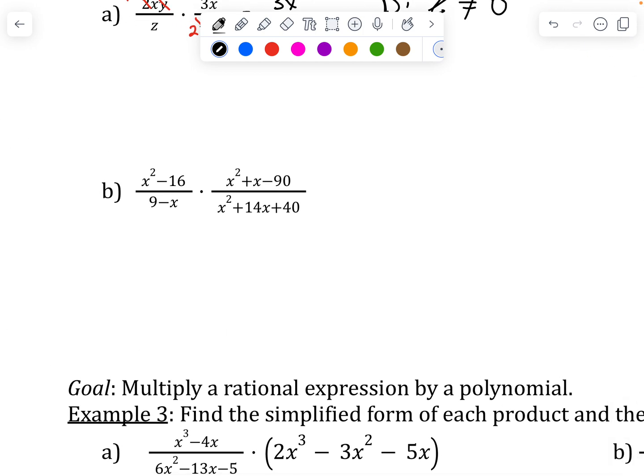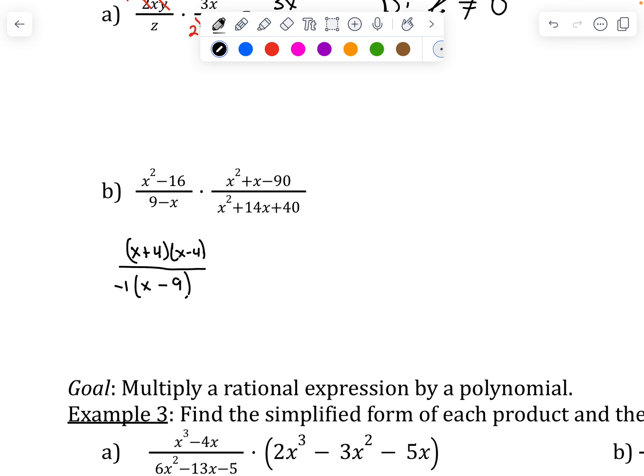All right, part B, once again, have to factor. One of those deals, okay? So in the numerator for my first, on my left expression, I have x plus 4, x minus 4. On that bottom part, I'm going to rewrite this. I'm going to pull out a -1. And the reason why I'm going to do that is because then I am left with x minus 9.